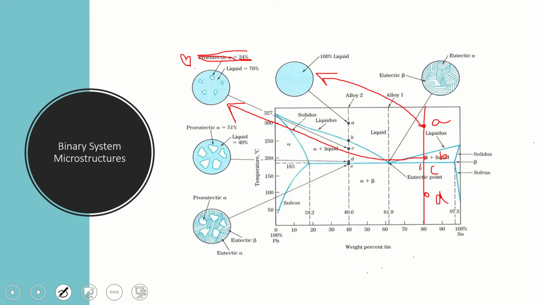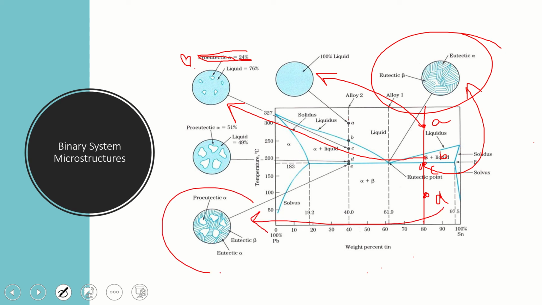And at C, you will still have this eutectic microstructure right here. And at D, you have something similar to the one that we saw, but instead of proeutectic alpha, you have little solids of proeutectic beta.